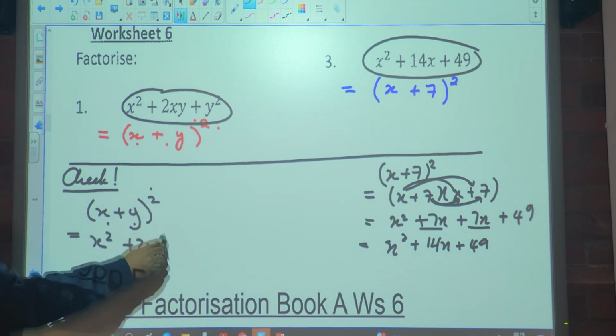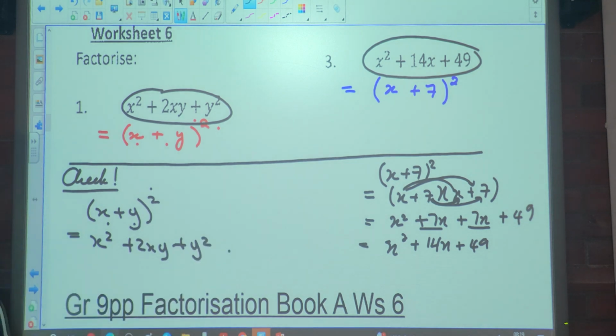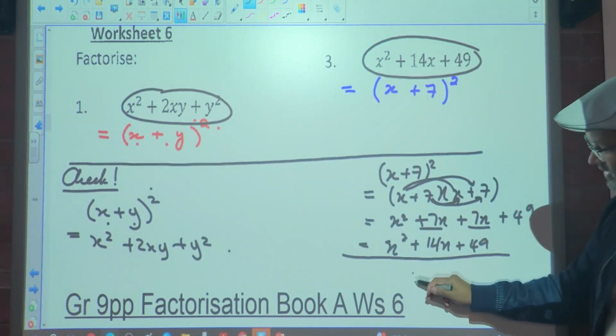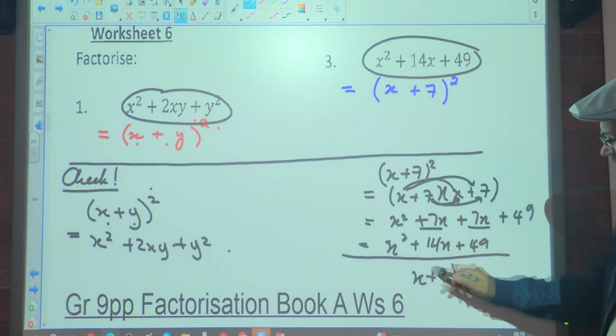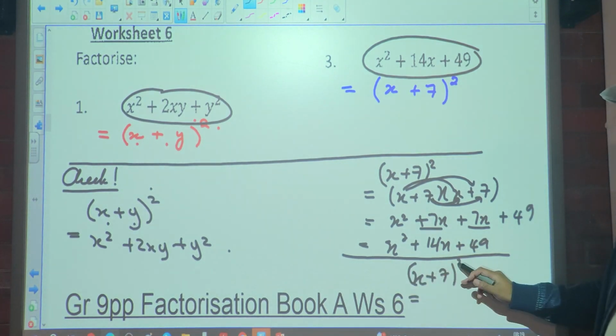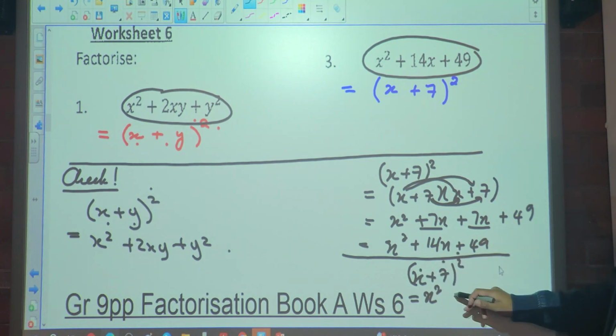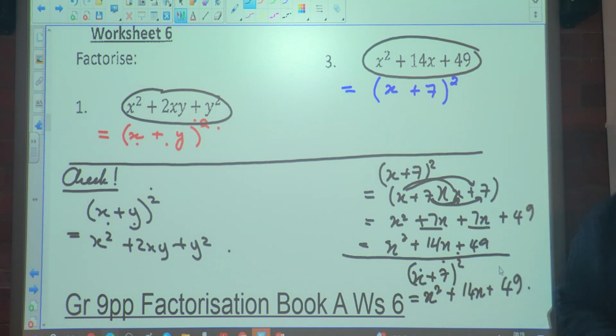And then I square the last term, which is y squared. If I apply the same rule here, we got x plus 7 all squared. Square the first term, what do I get? x squared. x times 7 times 2, 14x. Plus 7 squared, 49. You see the same. You guys understand?